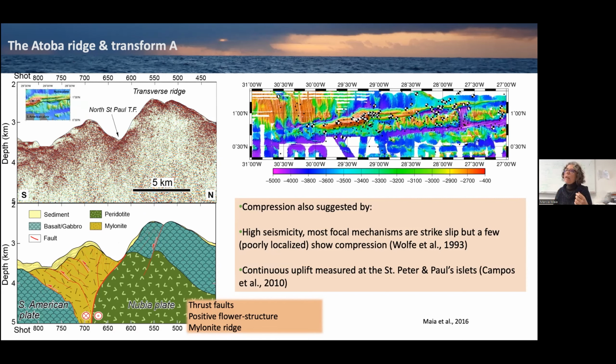The location of these is not very good, but we postulate that they are actually located along these thrust faults in the southern part of Atoba. And also we have measurements of uplift, and we know that we have a continuous uplift of the rocks that is still active today. So there is compression, and that creates this uplift.